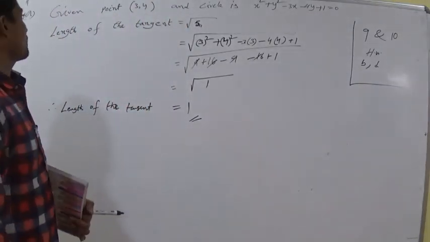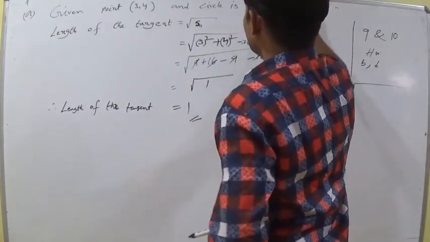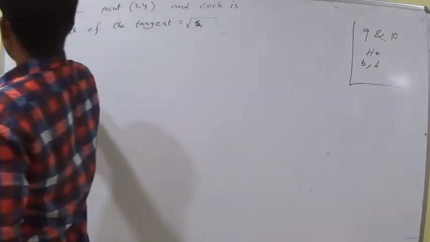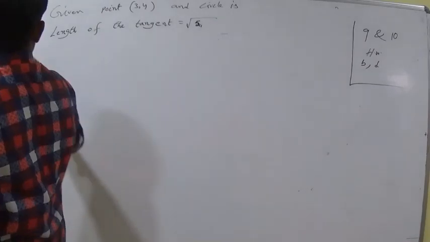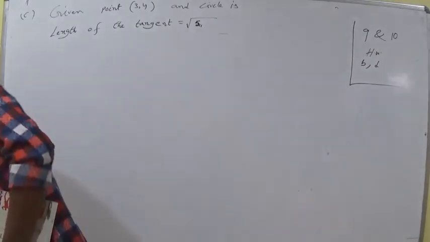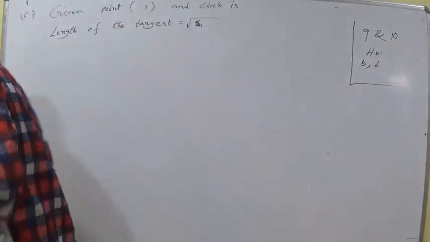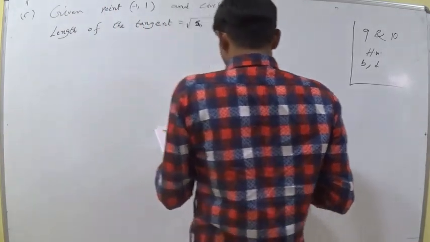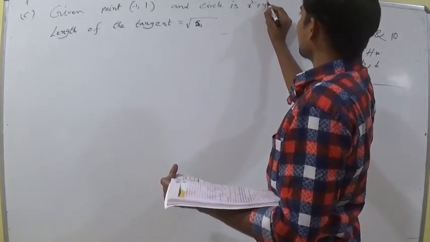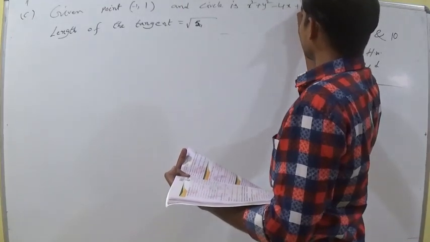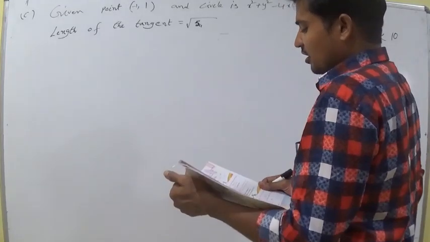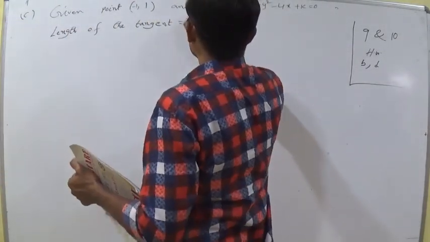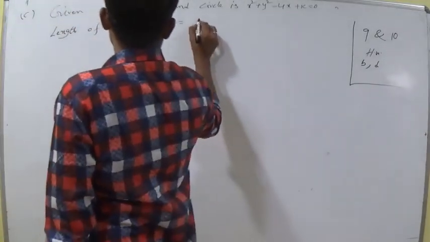See, the point and the circle are given. The given point is minus 1 comma 1, and the circle is x square plus y square minus 4x plus k equal to 0, and the length of the tangent is also given here, which is equal to 2.